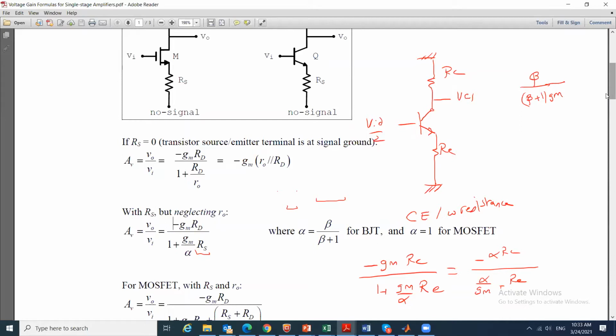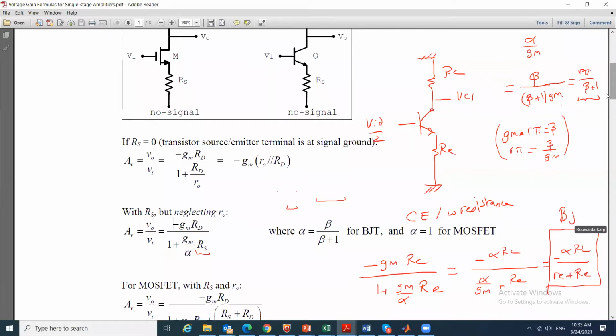So R pi is beta over GM. So alpha over GM is equal to R pi over beta plus 1. So this becomes minus alpha RC over R pi over beta plus 1 plus big RE. So for the BJT, I can express this as minus alpha RC over RE plus the big RE that is here. This is just a reformulation.